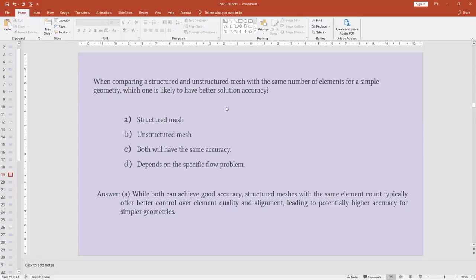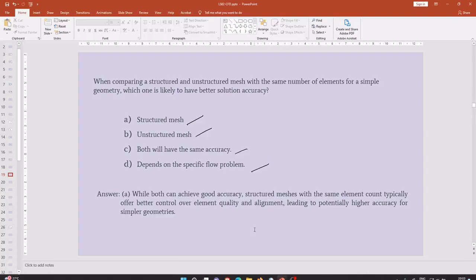When comparing structured and unstructured mesh with the same number of elements for a simple geometry, which one is likely to have better solution accuracy? Options are structured mesh, unstructured mesh, both will have the same accuracy, or depends on the specific problem.